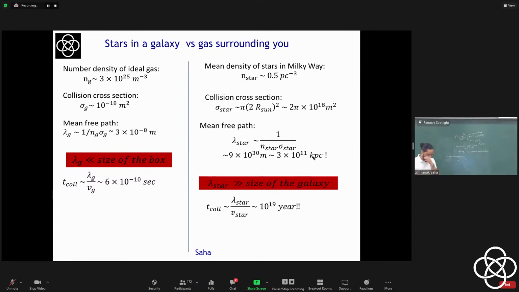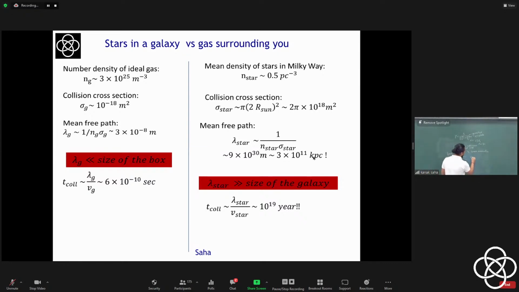A strong encounter is such that the star, imagine, comes in with an energy of half m v squared. Imagine it goes to the closest distance of collision. Then the change in the potential energy of the star is of the order of the initial kinetic energy, at least of the order of the initial kinetic energy.